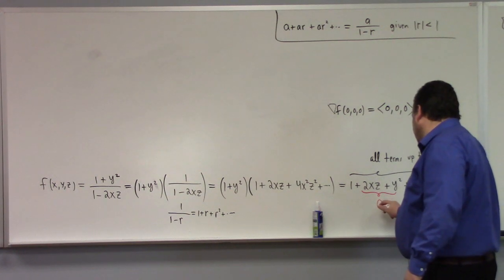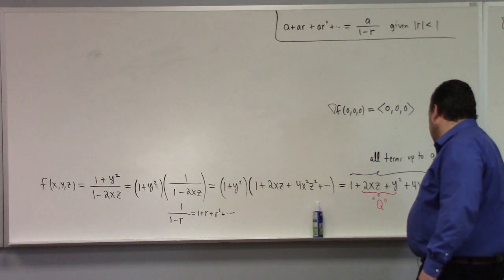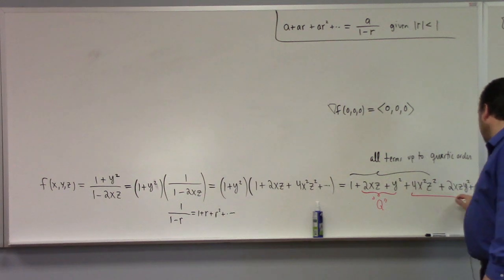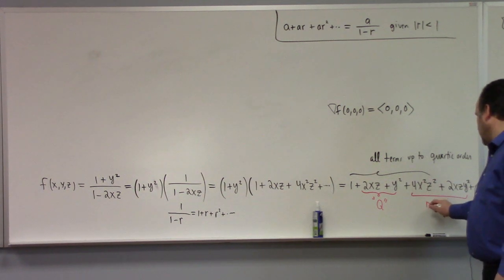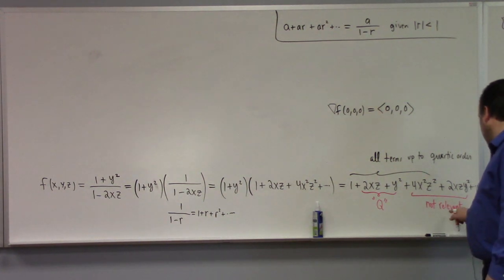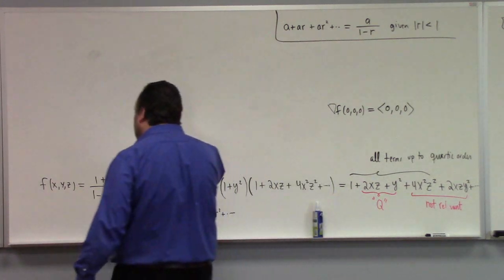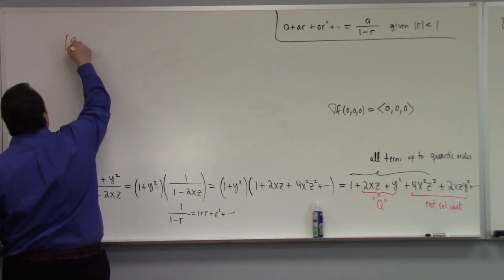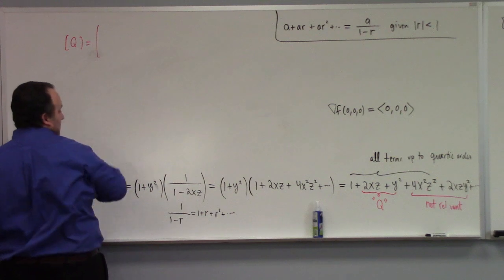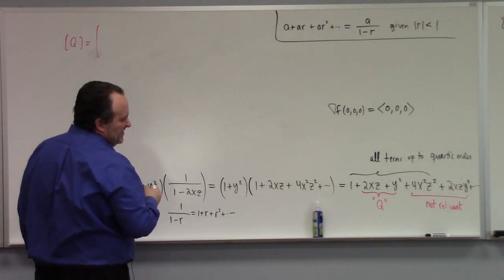So this is going to define my quote-unquote Q matrix, like you said. This is not relevant. This is relevant. Yeah, fine, good enough. Not relevant. So my Q matrix is what you got here?